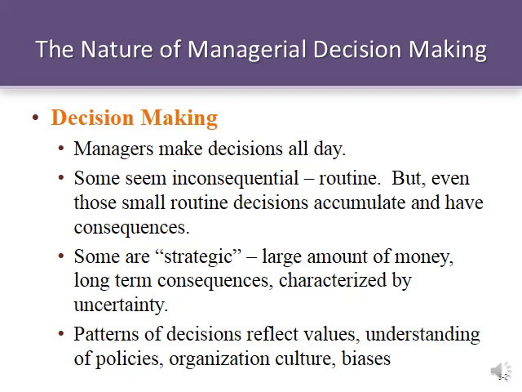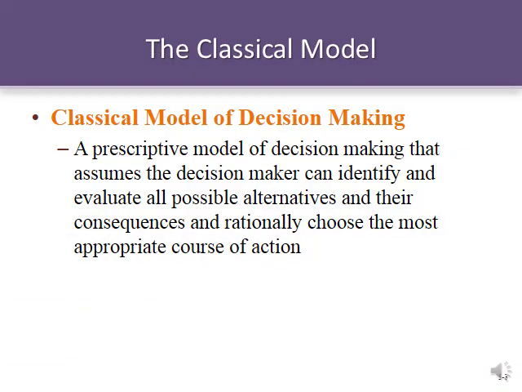So patterns of decisions generally will reflect values, the understanding of what the company values and its policies, organizational culture, but they also include uncertainty and bias. The classical model of decision making that is described in your book is the way people were taught 30, 40, 50 years ago and longer to make decisions.